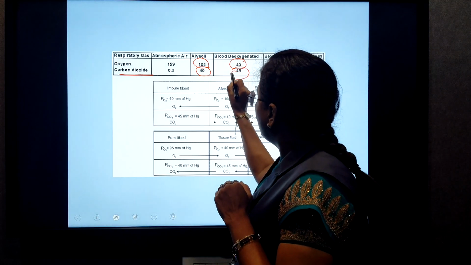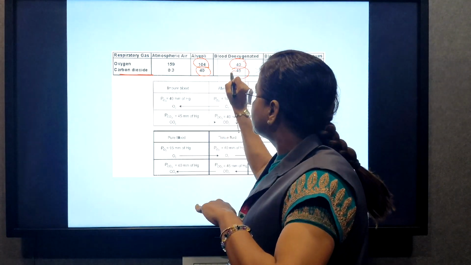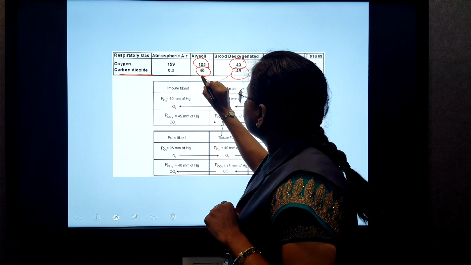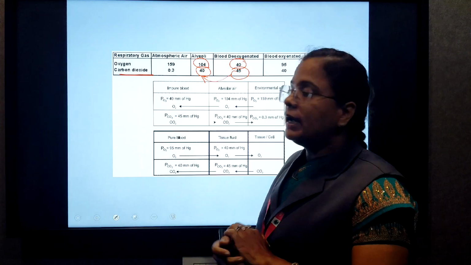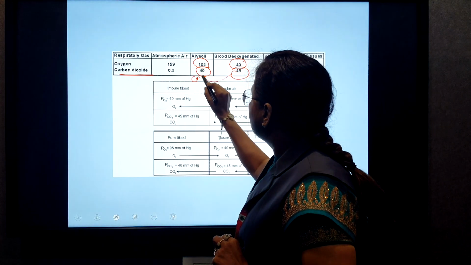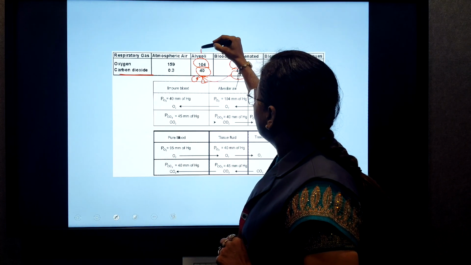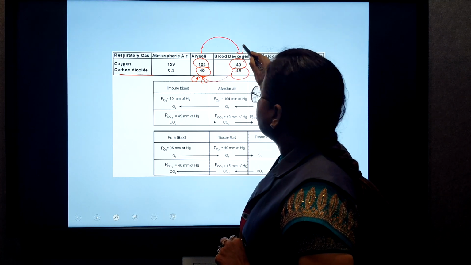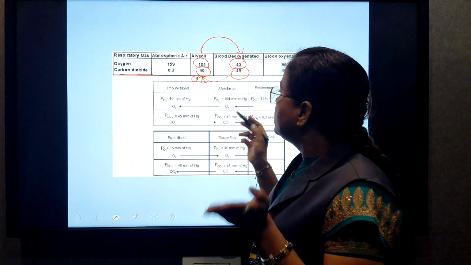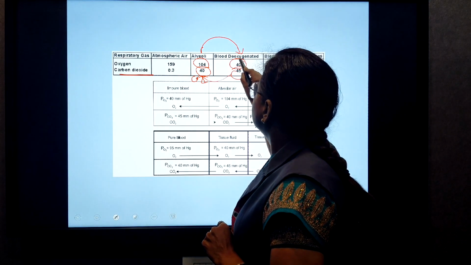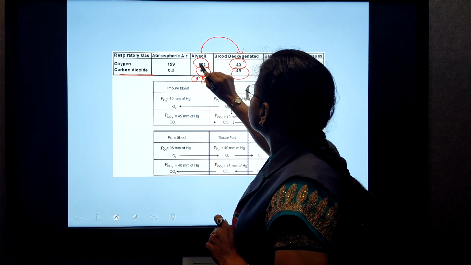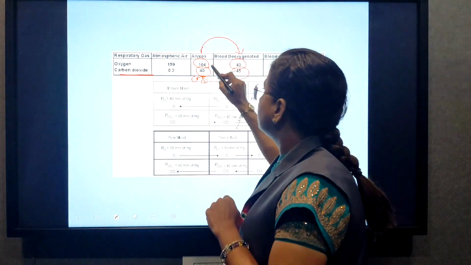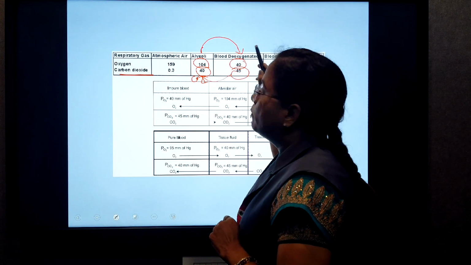So from high concentration to low concentration, from the pulmonary artery to the alveoli, CO2 is released in the alveoli, and from the alveoli to the blood capillary, that is the pulmonary veins, oxygen moves from high concentration to low concentration. So oxygen comes in from the alveoli to the pulmonary vein.